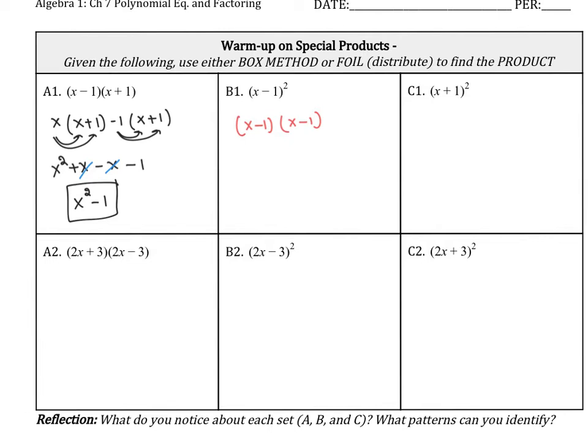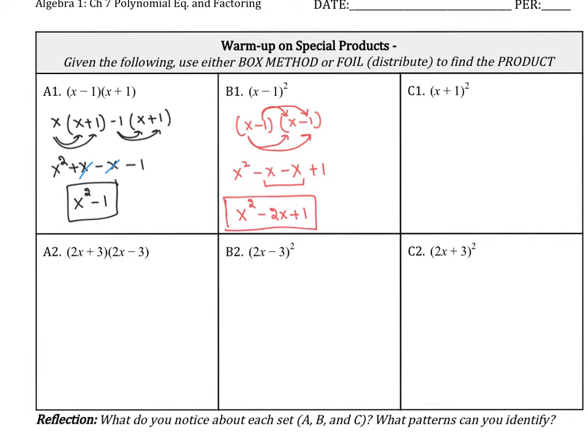And with the FOIL method, you just follow the arrow pattern: x times x is x squared, x times -1 is -x, -1 times x is -x, -1 times -1 is +1. Combine the like terms, so you're going to get x squared minus 2x plus 1, and that's going to be your answer. If you have a square on top, then the pattern is x squared minus 2 times x plus 1 squared, or just 1.